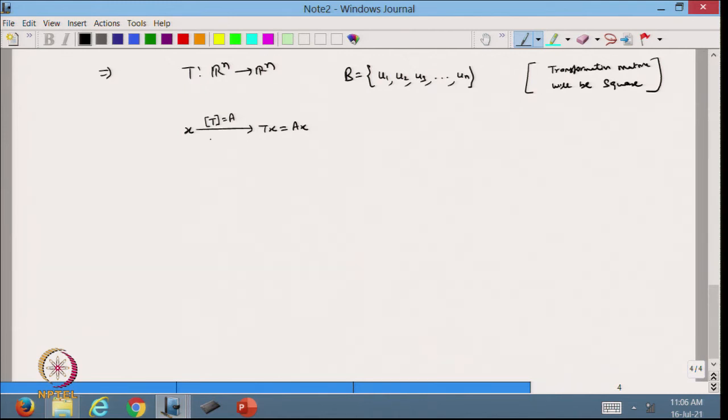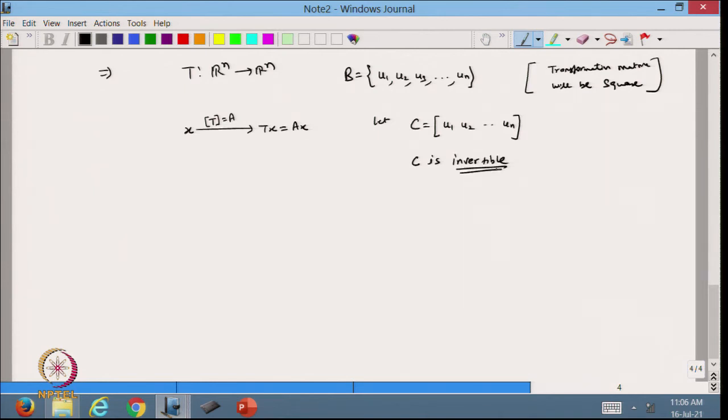Now, let us take a matrix C which is made up of u 1, u 2, u n. So, I put the first column as u 1, second column as u 2. So, this is the matrix and I know that C is invertible.